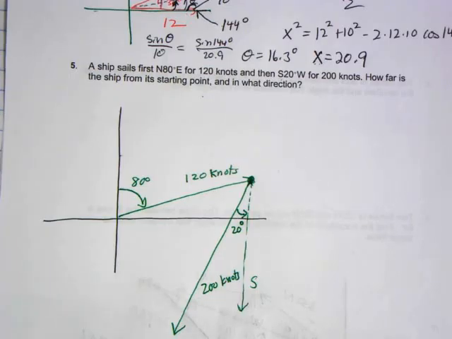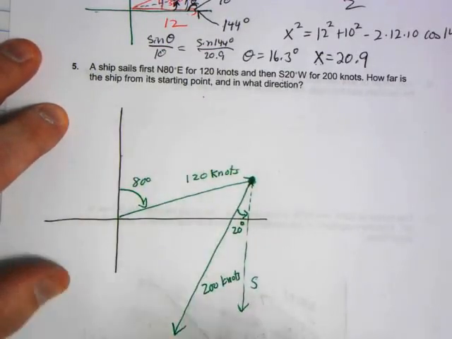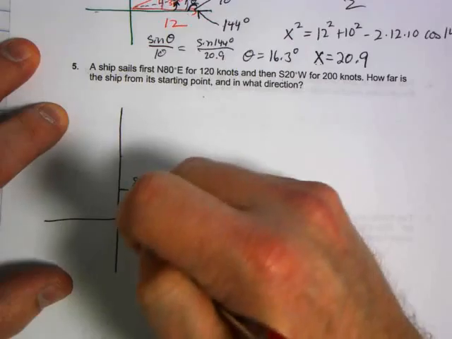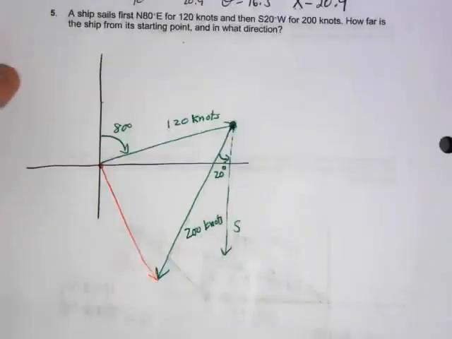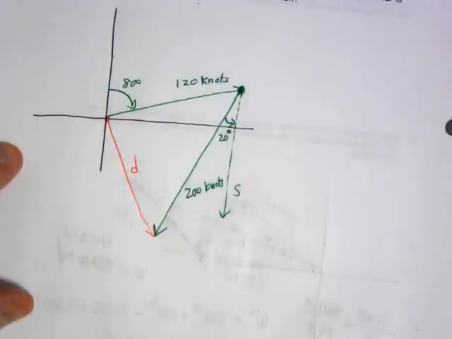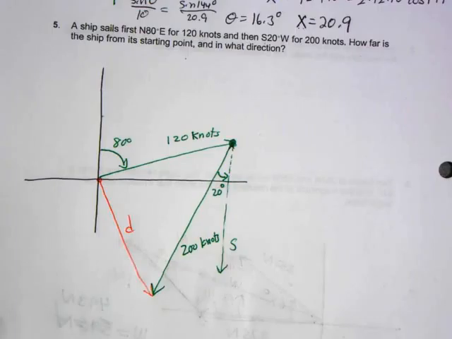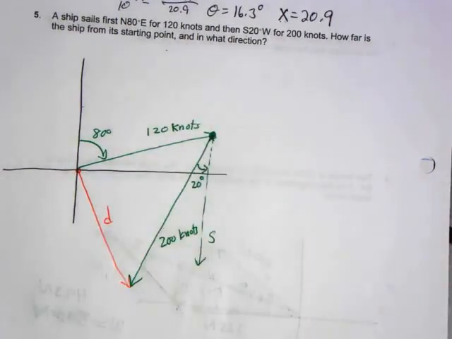Then it wants to know, how far is the ship from its starting point? So I want to know this distance. I'm going to call it D for distance. And in what direction?